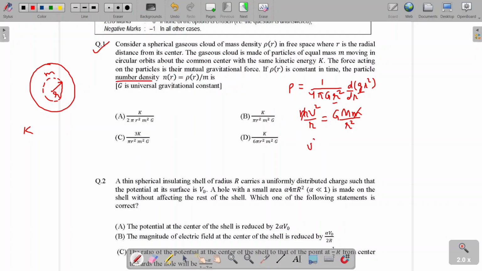So we can say v square by 2 is equal to half GM by r square. So this is nothing but the value of small g, GM by r square. This is the value of acceleration due to gravity at a point r.